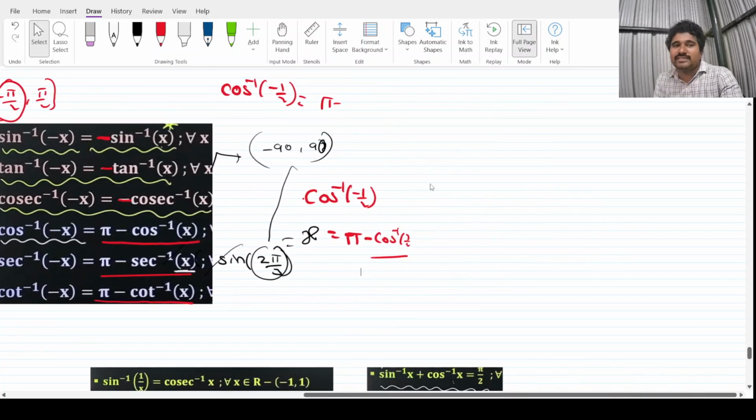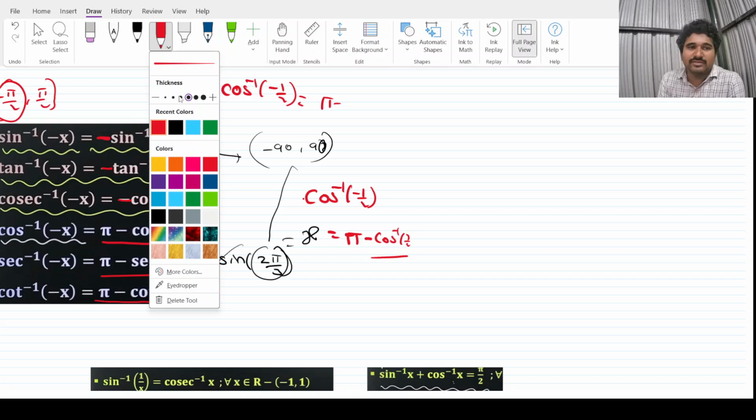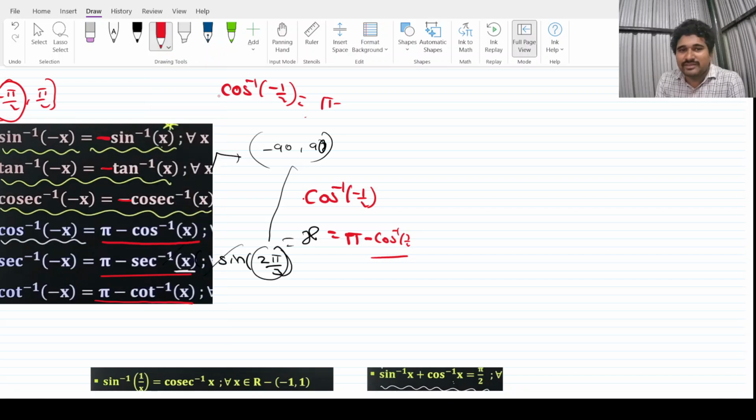Okay. For Tejas's sake, I am proving this. Tejas is not happy with that. Okay, Tejas. Cos inverse of minus x. How do we do this kind of question? I said, remember, you have to equate it to y. So cos y is equal to minus x.